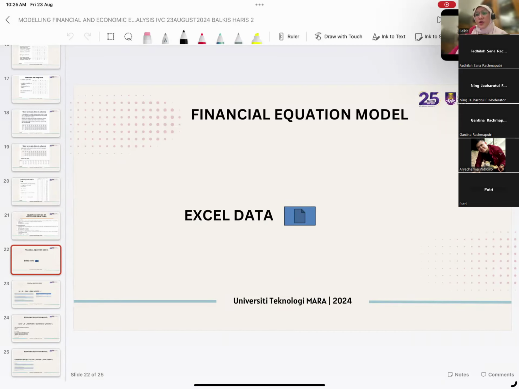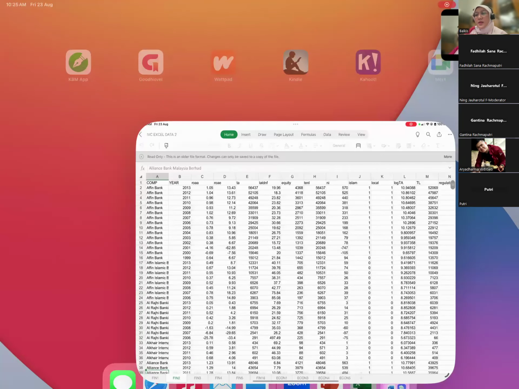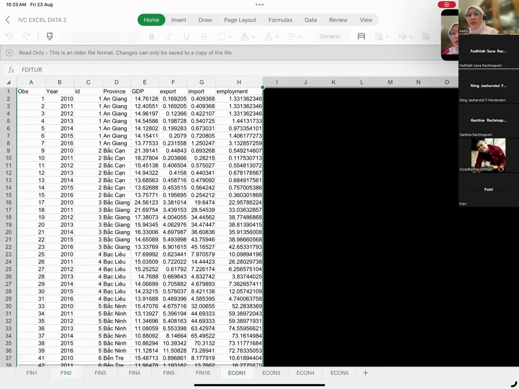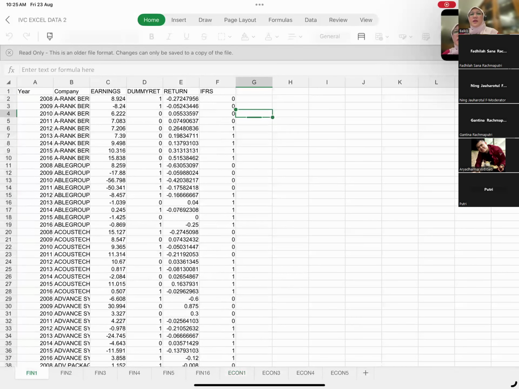I'm going to share with you the finance data and also the economics data. So all right, this is how we arrange the data in Excel.